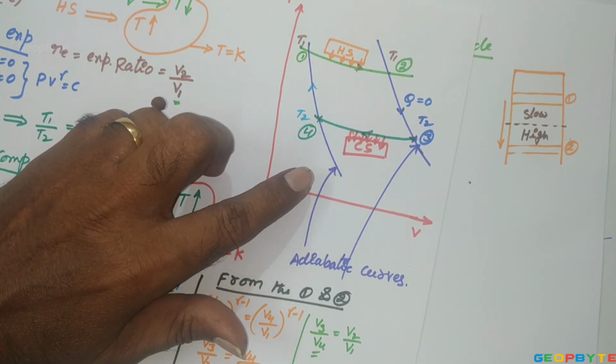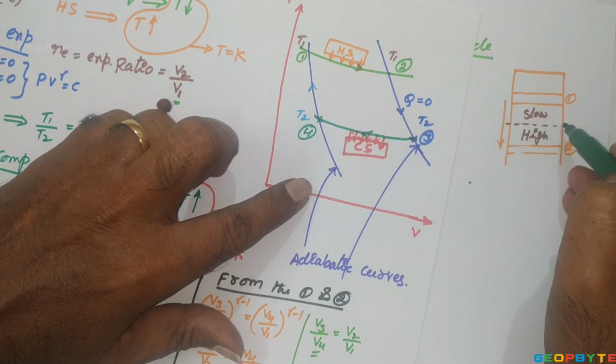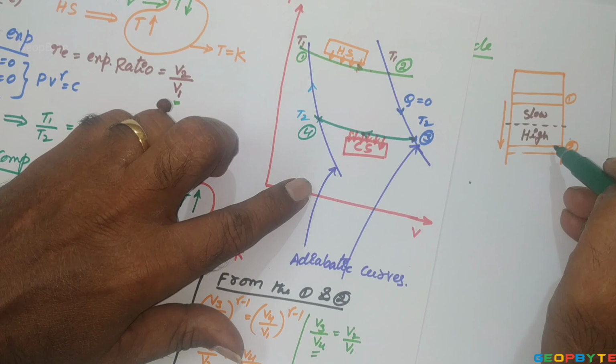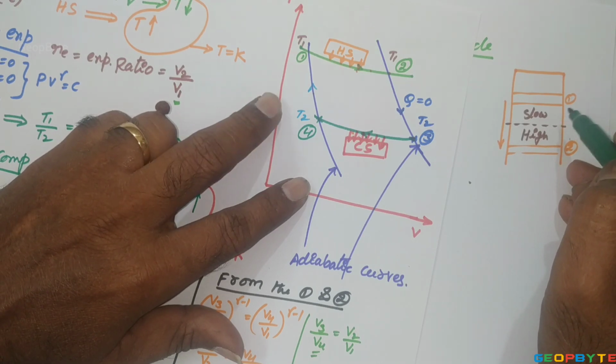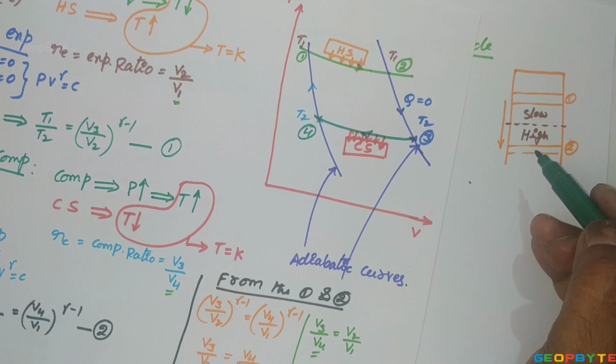The combination of very slow movement in the first half and very fast movement in the second half is not practically possible for any reciprocating system or cylinder with piston mechanism. Therefore, that is the first drawback of the Carnot cycle.